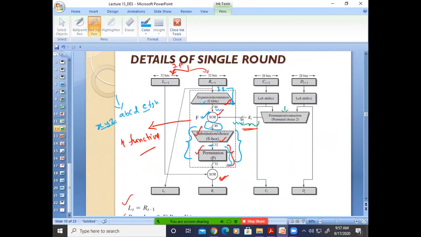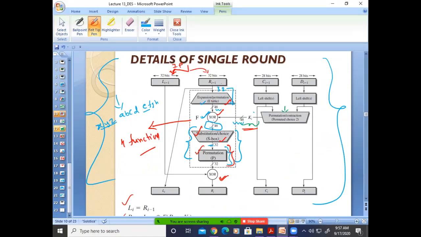This block functionality will be the same for all rounds, but the only change will be this Ki, because so many left shifts are happening. Obviously it will generate a different key, right?